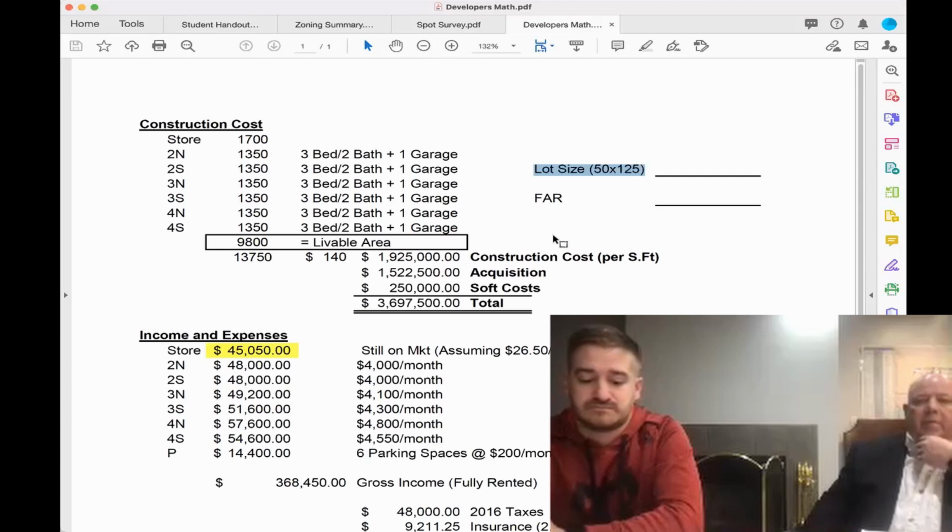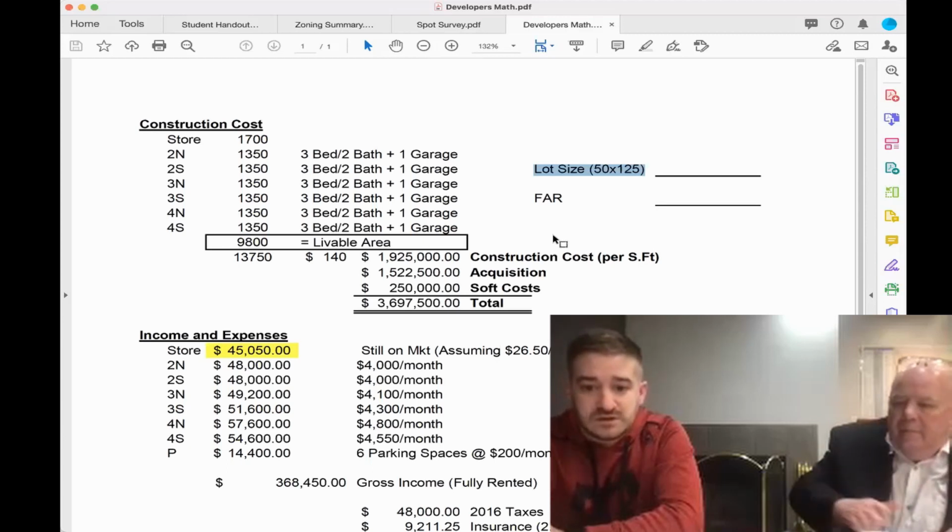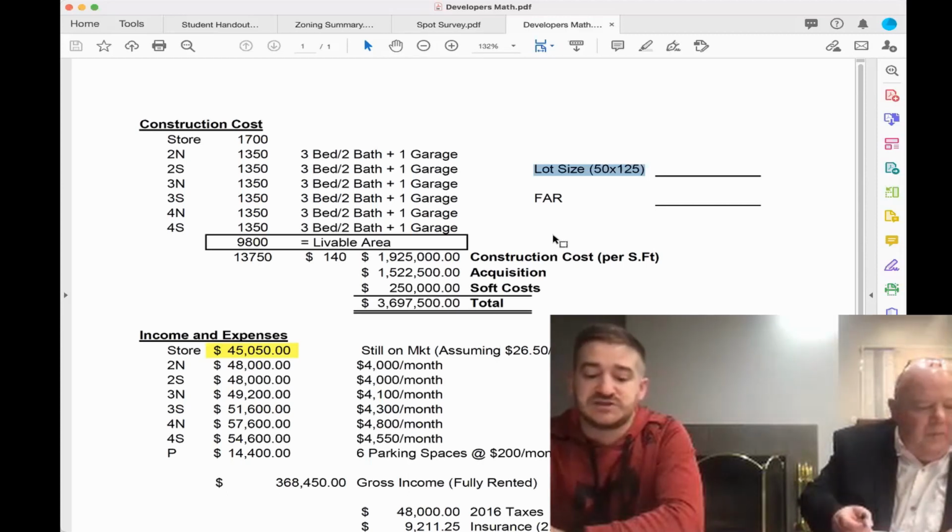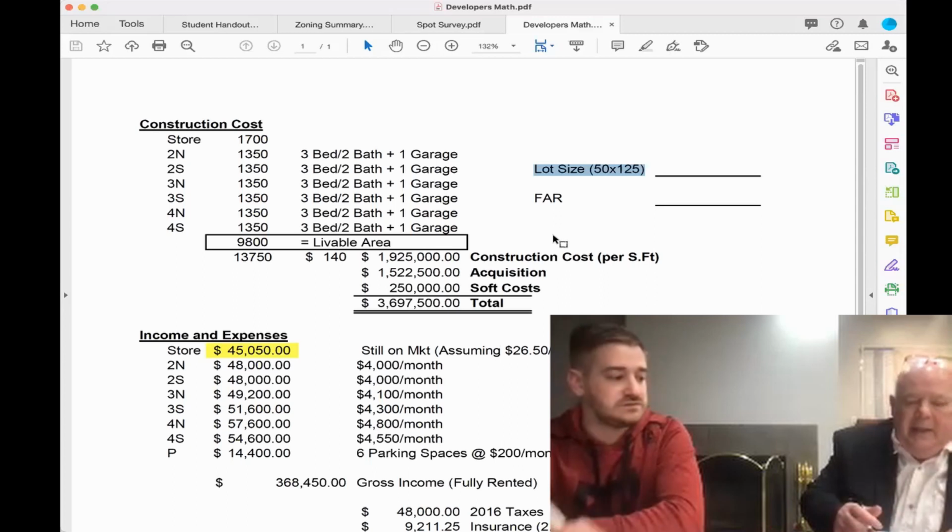So 13,750, yes. That is 6,250 multiplied by 2.2. And the total square footage of your building can be a maximum of 13,750.